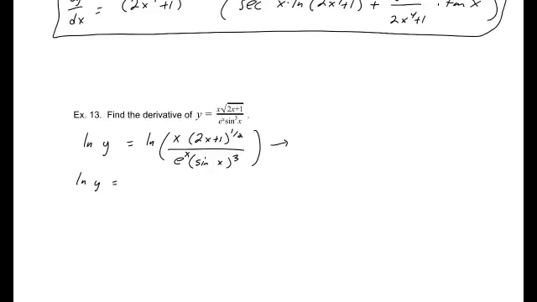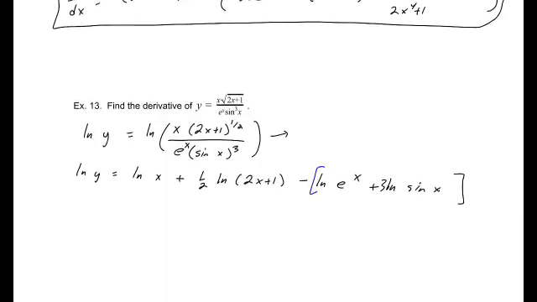This is the natural log of x plus 1/2 natural log of 2x plus 1 minus natural log of e to the x. Now all of this is in the denominator, so we will subtract all of it. That would be 3 natural log of sine x. So let's go ahead and distribute that and make that a negative term there.